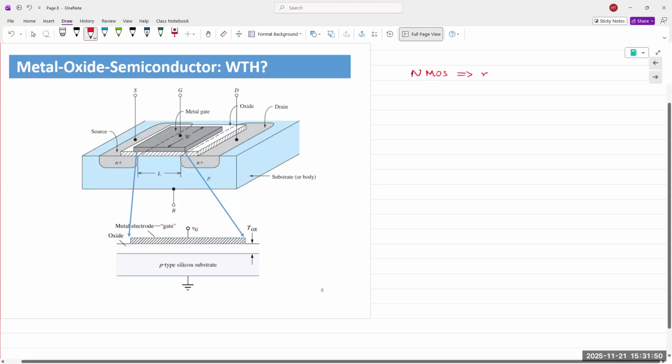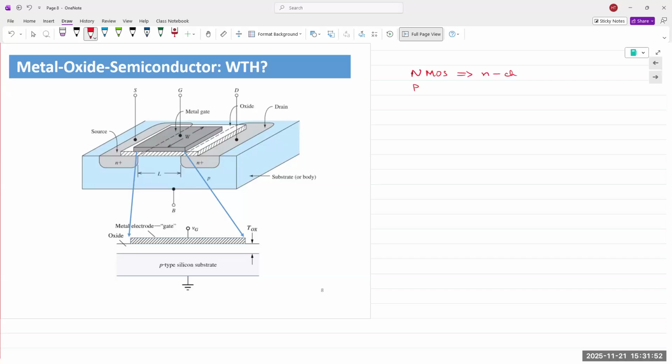NMOS are N-channel. PMOS are P-channel. And when you have NMOS plus PMOS transistors on the same circuit, they complement each other. Complementary MOS, or CMOS. That's where the term CMOS comes from.